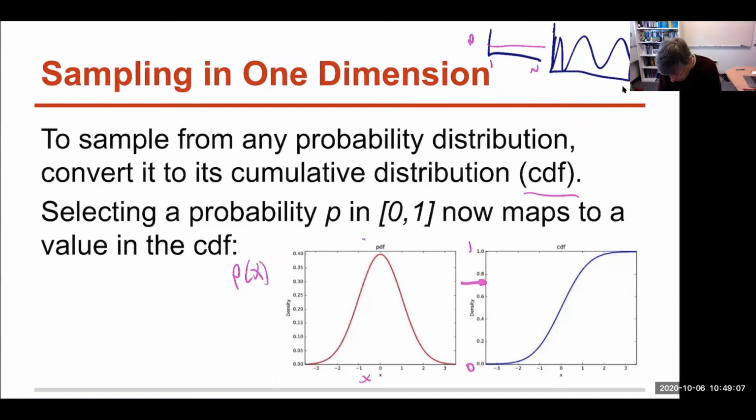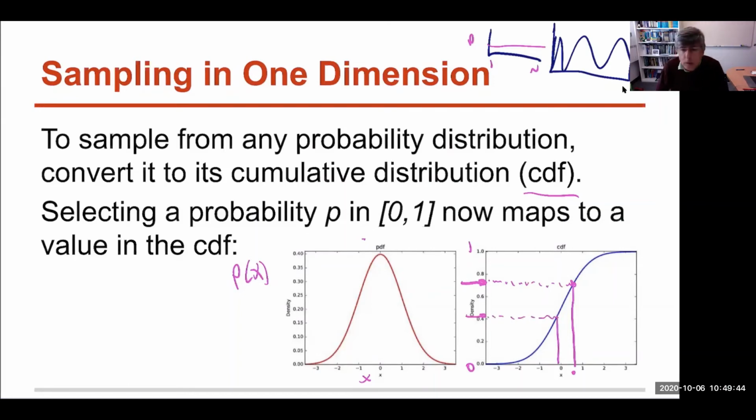Now, if we want to get a normally distributed value, we look and see what is the X that gave me that random number as the Y in the cumulative distribution function. That is going to be my random sample. If I take another random sample, I get another number between 0 and 1. I walk across, hit the curve, and go down.